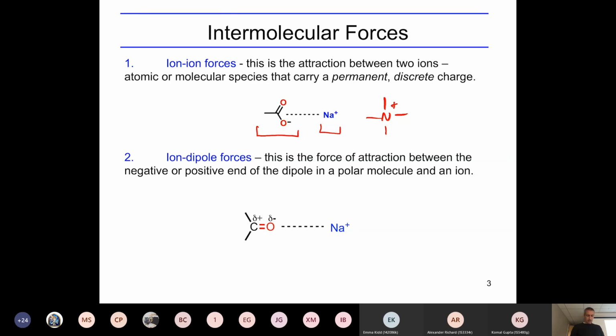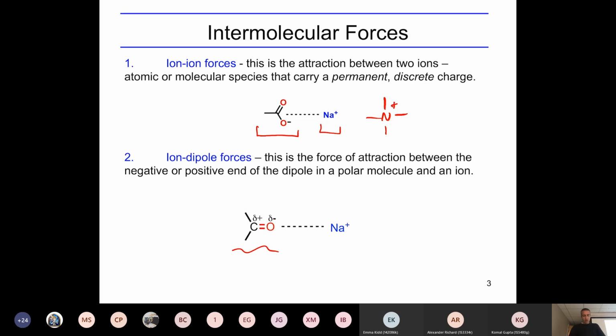Ion dipole forces are when you have a polar molecule, a dipole, say. Like in this case, that molecule is called acetone. Acetone has a carbon-oxygen double bond, and that's very polar because the oxygen is much more electronegative than the carbon. So you get this polar bond, and the negative end of that bond will be attracted to positive cations that might be around, like sodium or whatever.